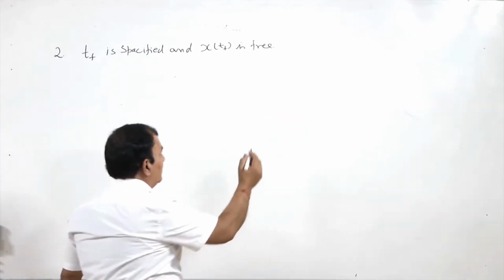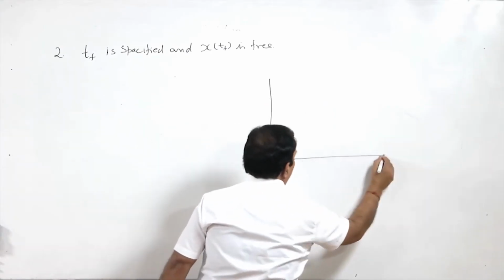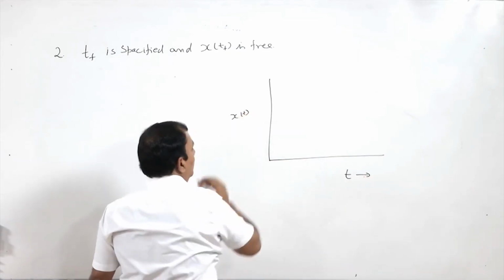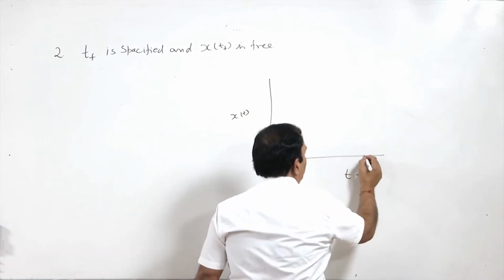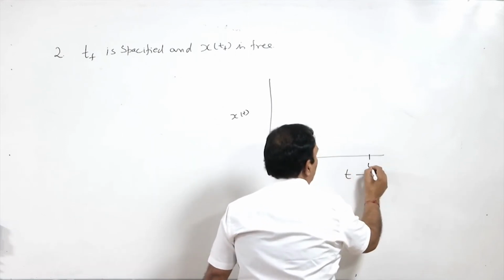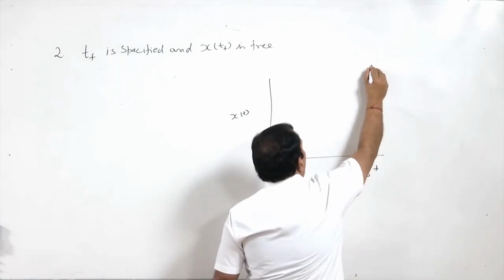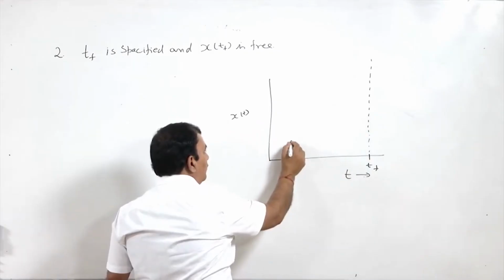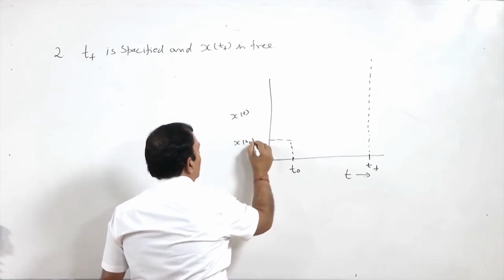So, what is this case? If this is t, this is x of t. What we are saying is my Tf is specified. So, let us say this is T0, this is Tf. This Tf is specified. In addition to this, we are also given T0, x of t0.